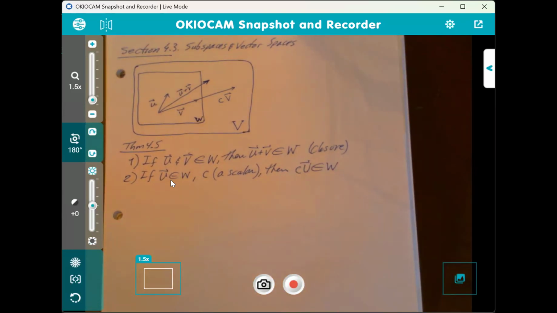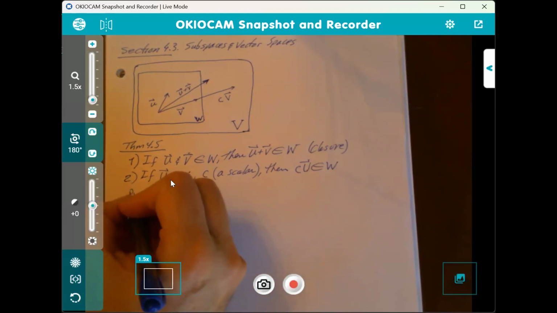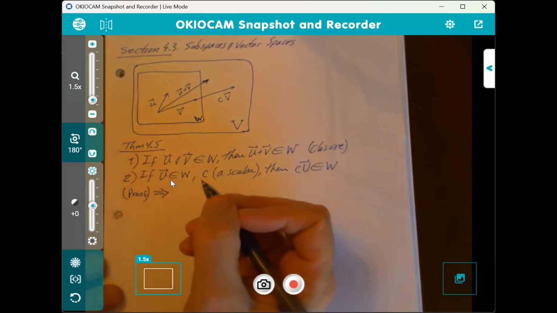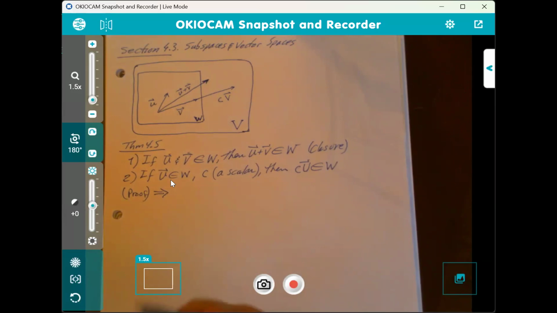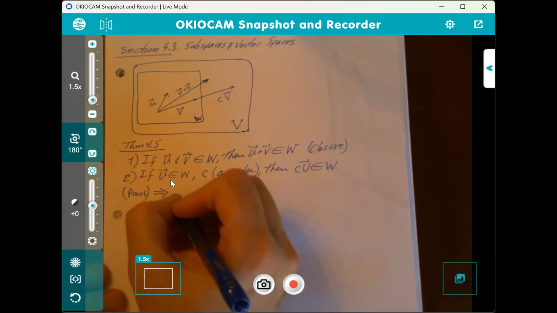Now, for the proof, because the theorem is in the form of if and only if, anytime we have if and only if, we need to prove these in two directions, one from left to right and then from right to left. So the proof going from left to right is like this.